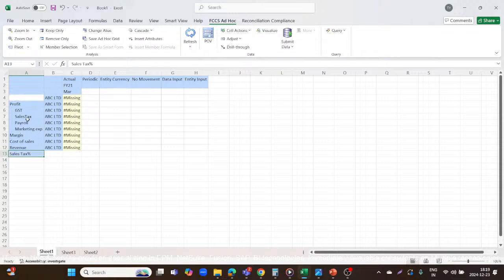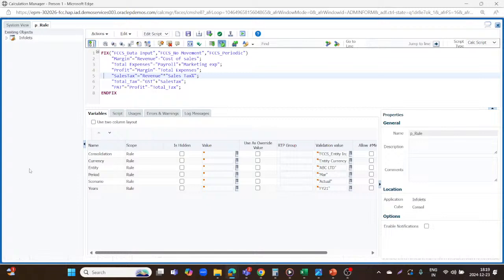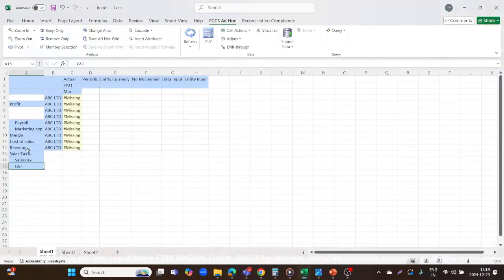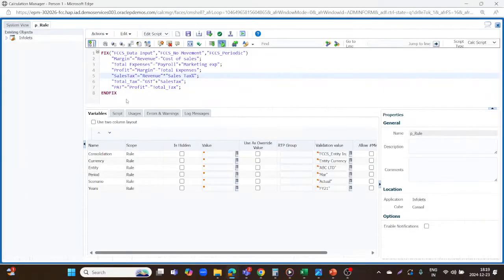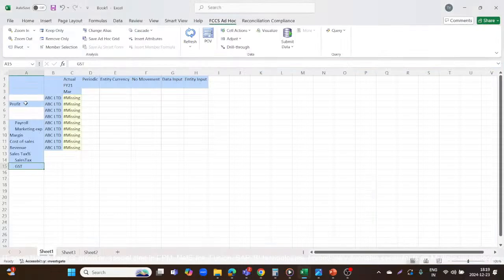So on this, you will get sales tax. This will give you total expenses. When you add these both, it will give you total tax equals GST plus sales tax, and then PAT equals profit.